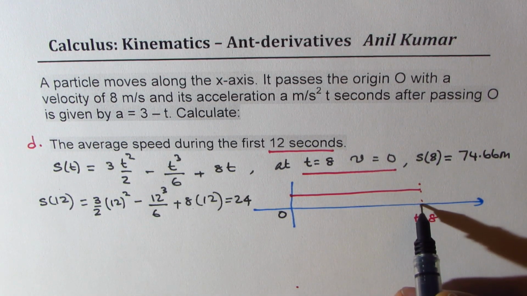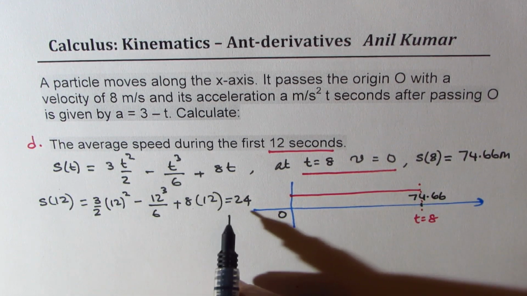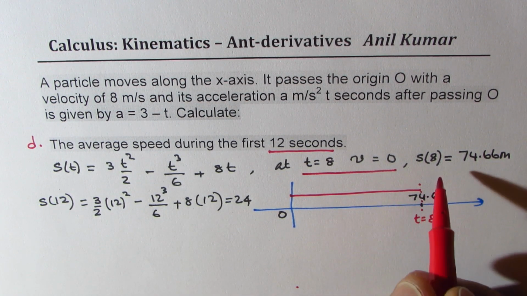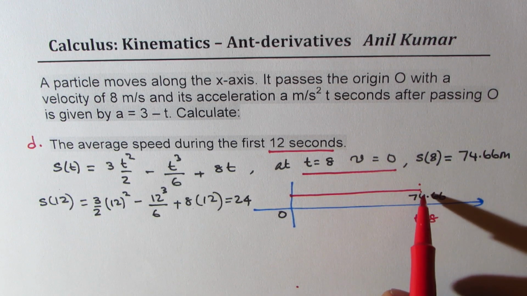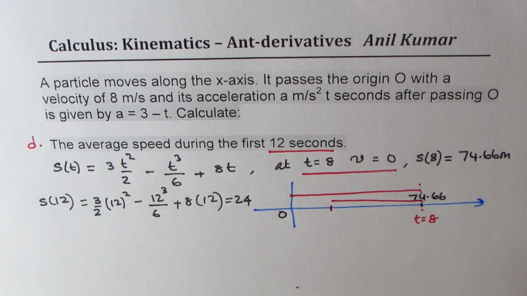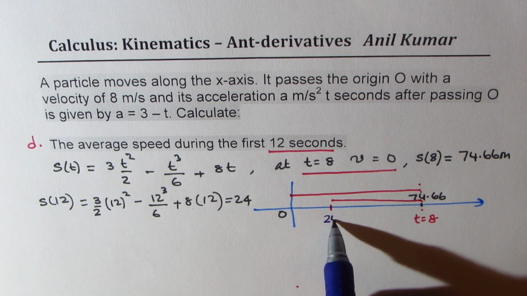Now we know this position here is at 74.66. Now 24 is much lesser, right? So that means the particle has returned, and it makes sense since we have velocity 0 here, so it could be treated as a turning point. So it moves back from here, and the displacement, that is to say, distance from origin, is 24.